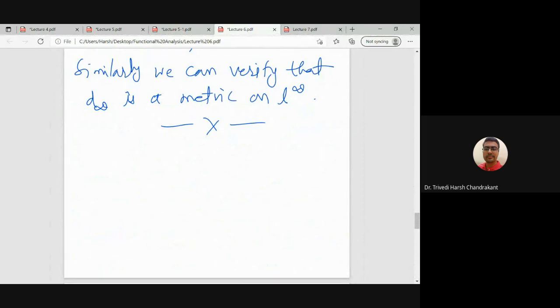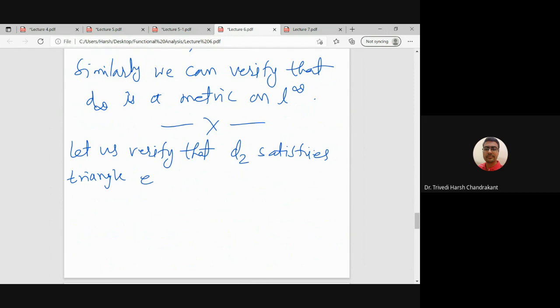So last, let us verify that d2 satisfies the triangle inequality for L2.